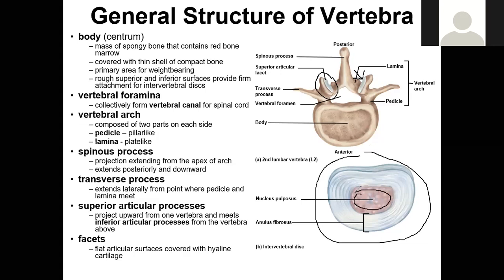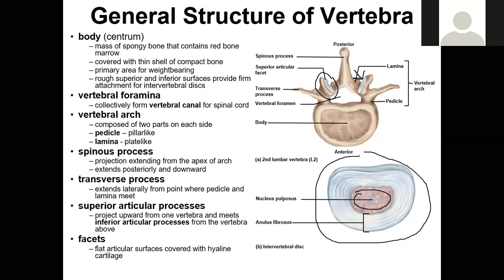This is a water-based area, and it's where a lot of the forces go through. And when you hear about a herniated disc, it's the nucleus pulposus that has basically broken through and is creating pain.